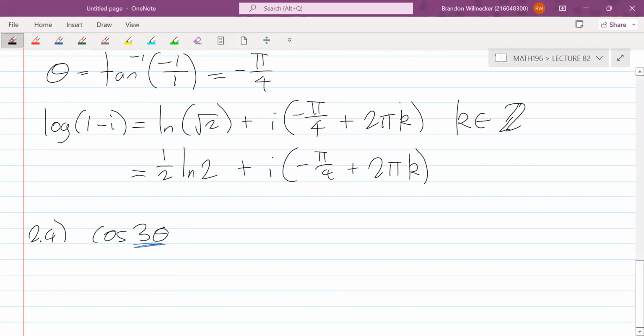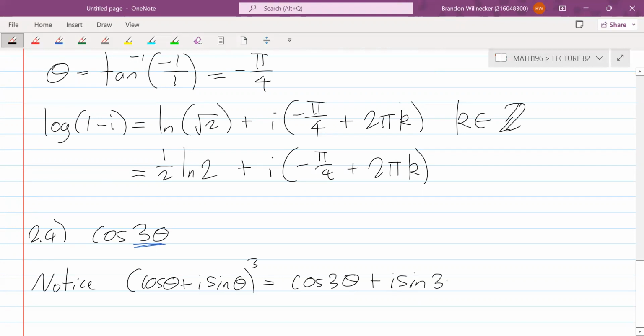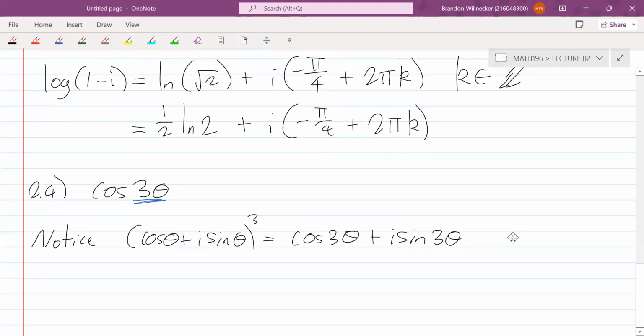So what we do is notice that if we have cos theta plus i sine theta to the 3, that's going to be cos 3 theta, which is what we want, and i sine 3 theta, which we don't want, but that just comes with the calculation. So if we can calculate the left-hand side and look at the real part, then we'll get the real part of the right-hand side, which is what we want.